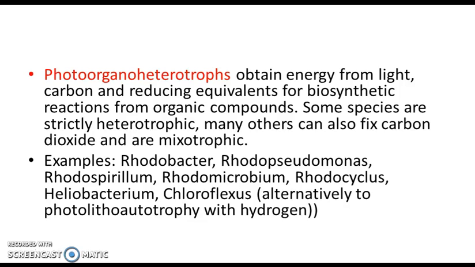Many others in this group can also fix carbon dioxide and are considered mixotrophic. For example, Rhodobacter, Rhodopseudomonas, Rhodospirillum, Rhodomicrobium, Rhodocyclus, Heliobacterium, and Chloroflexus. They are alternatively called photolithoautotrophy with hydrogen.